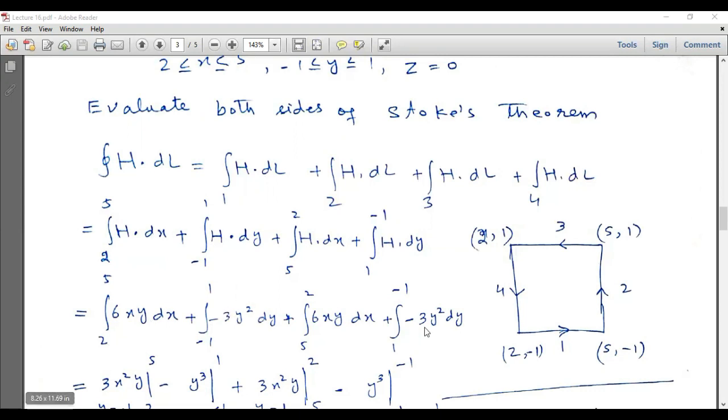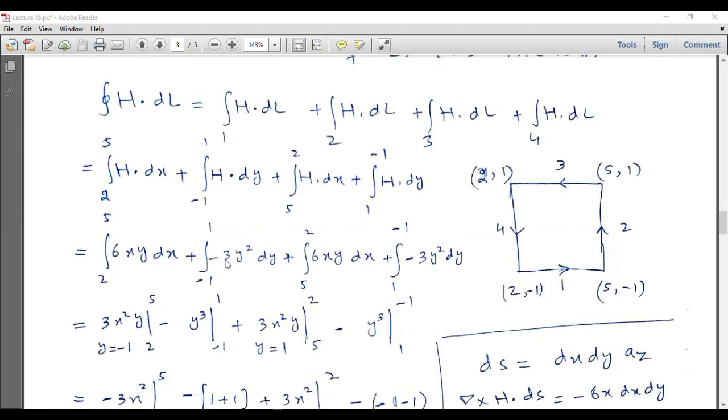The limit for path 1 is x varies from 2 to 5, and the limit for the second path is y varies from -1 to 1. Again, for the third path, x varies from 5 to 2. So this is again 6xy dx from 5 to 2, and this is the fourth path, in which y varies from 1 to -1, and the integrand is -3y square dy.